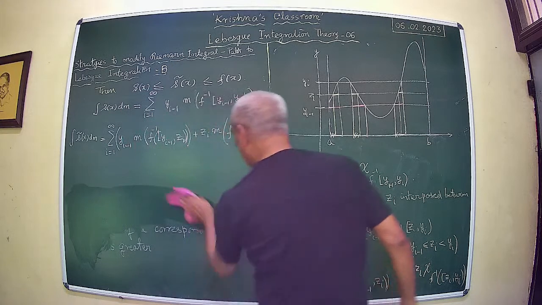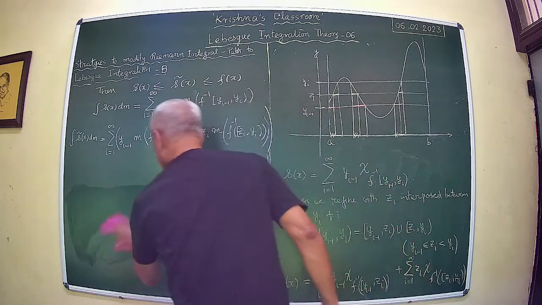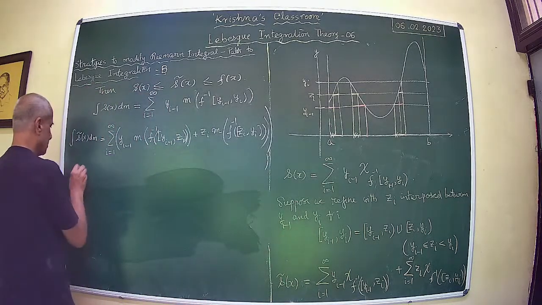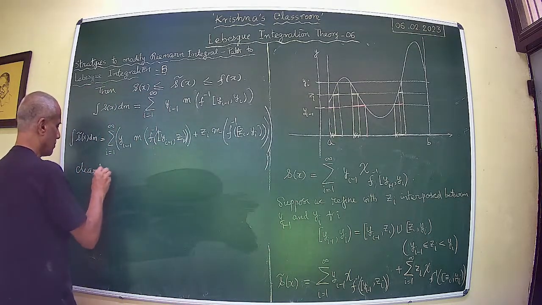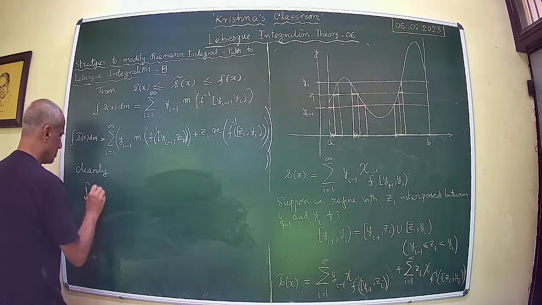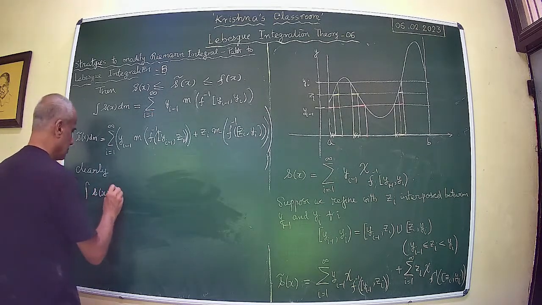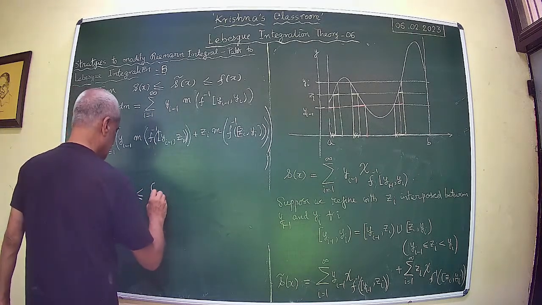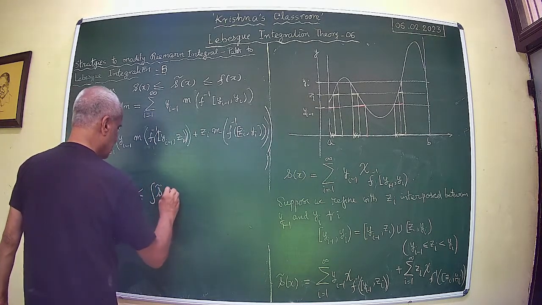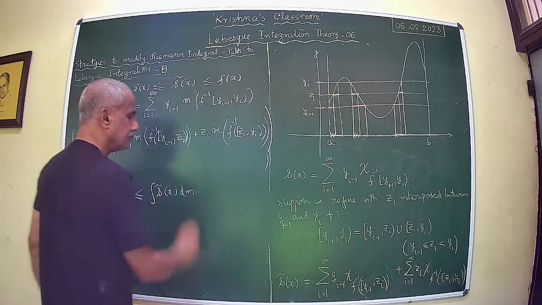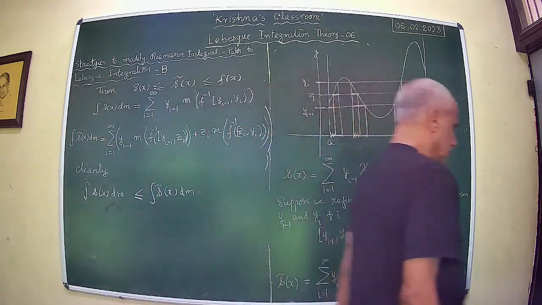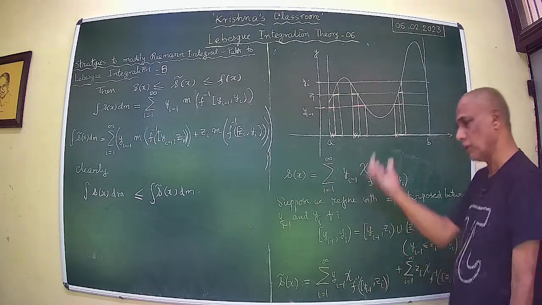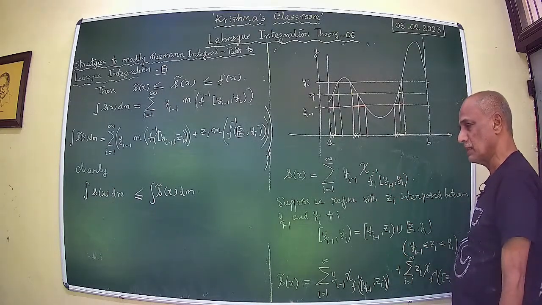So it is now clear that every refining will get you another approximating step function.